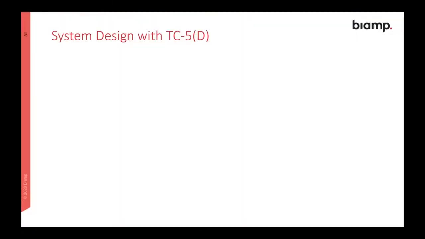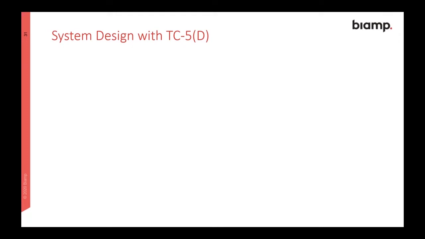One of the first things you should keep in mind when approaching system design with TC5D is that you should look at building an AVB based system rather than a Dante based system. We offer a range of DSPs, from Tesira Server with AVB and Dante cards to Tesira Fortes with AVB interfaces and Tesira Dante as well.